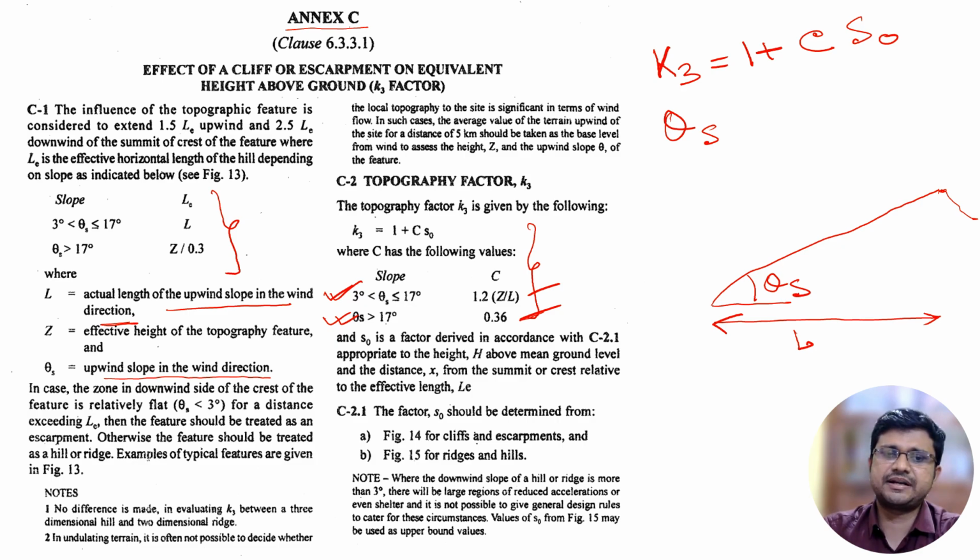And Z is the effective height of the topographic feature. So Z will be this particular value, this will be Z, the effective height of the topographic feature.